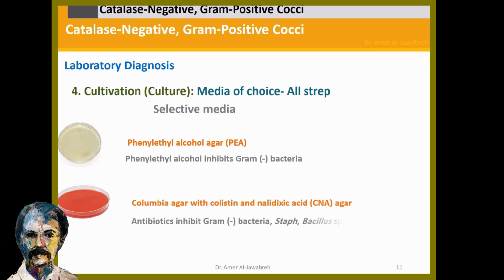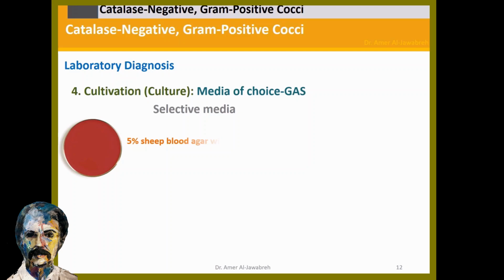CNA, the same thing. We have antibiotics that inhibit gram-negative, staph, and even bacilli. This may be a little bit better when you inhibit almost everything except your target. CNA: colistin and nalidixic acid. These are two antibiotics. Nalidixic acid is an antibiotic for urine. Still, this is better than using just blood and chocolate. This is better.